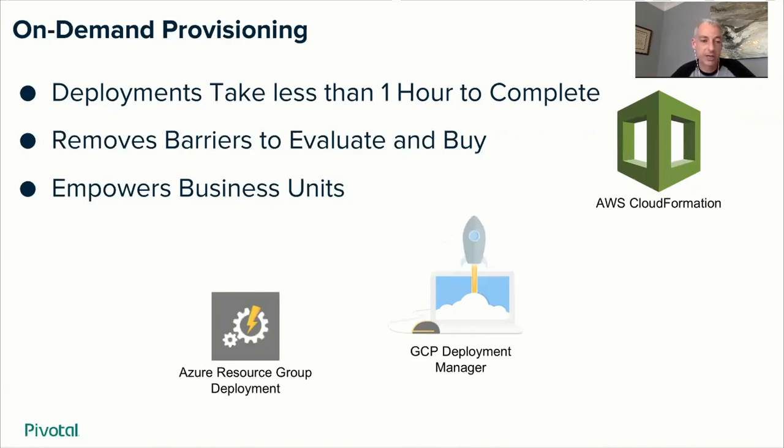They can start looking at solving their analytic problems, data warehousing, big data problems rather quickly and easily by provisioning something in the cloud. How we've done that is using the native utilities built into the different cloud vendors. In Azure, we're using resource group deployments, GCP is using Deployment Manager, and in Amazon, we're using CloudFormation.